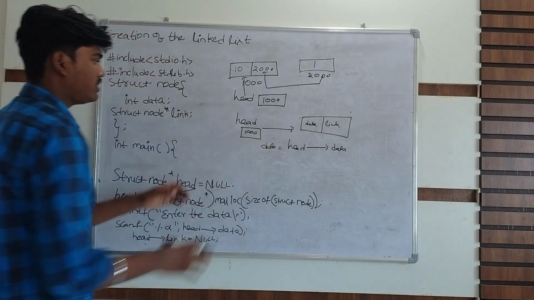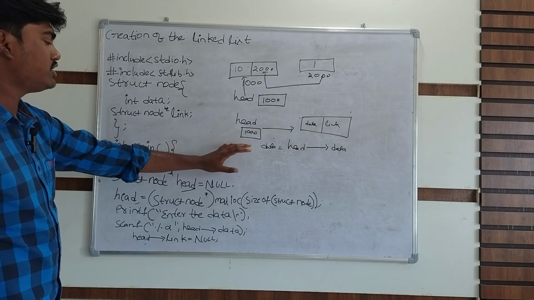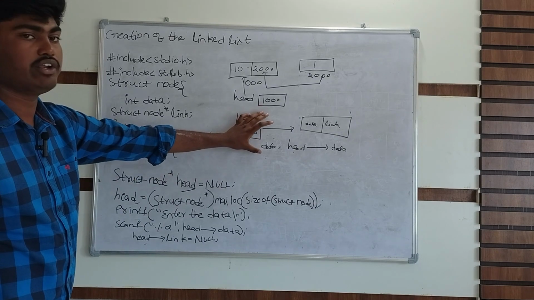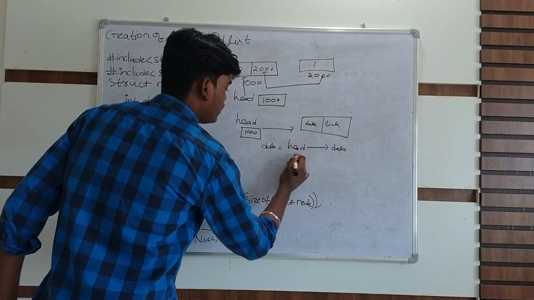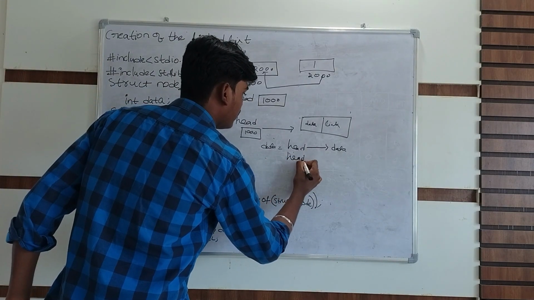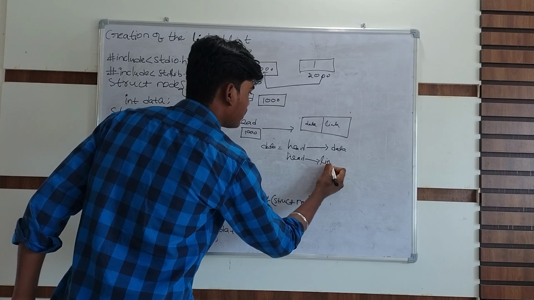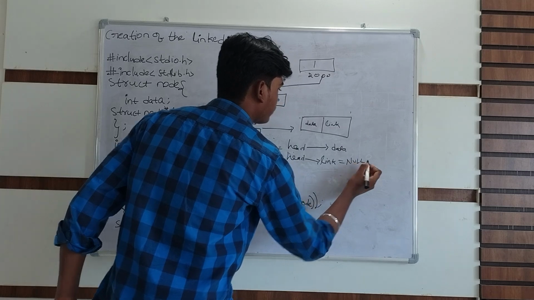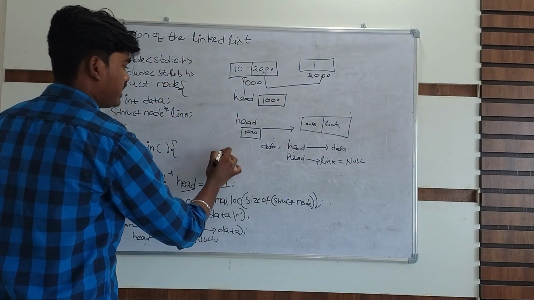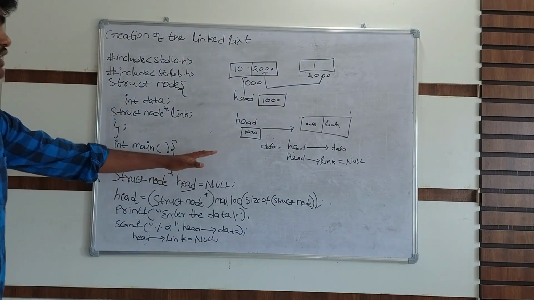Initially we are just creating the head. Initially we are not linking this head pointer to any other node. So head links to null. In this code we explained the creation of the head.